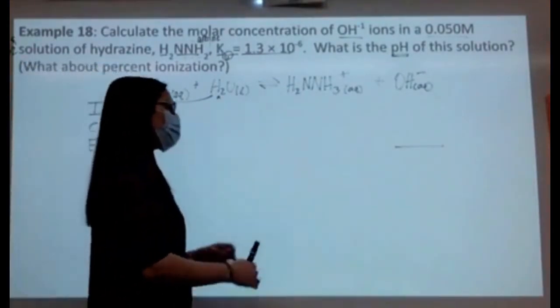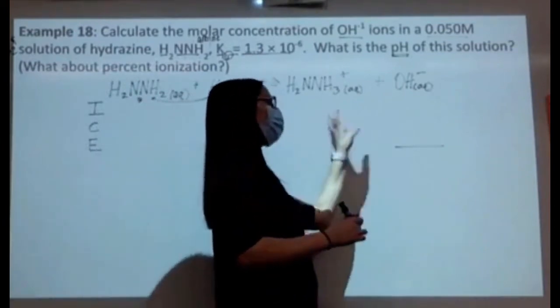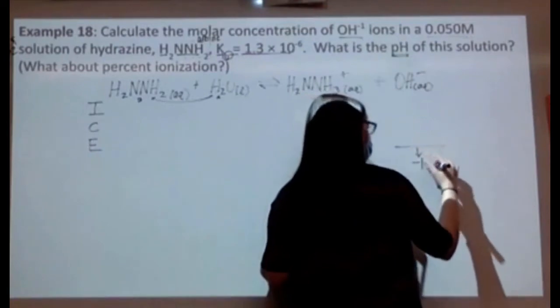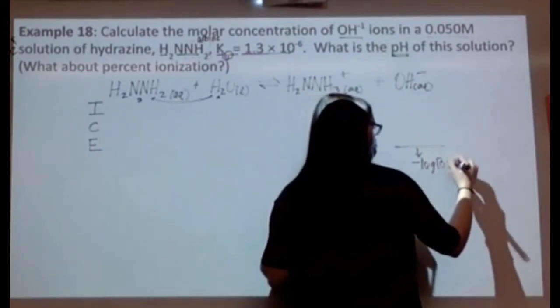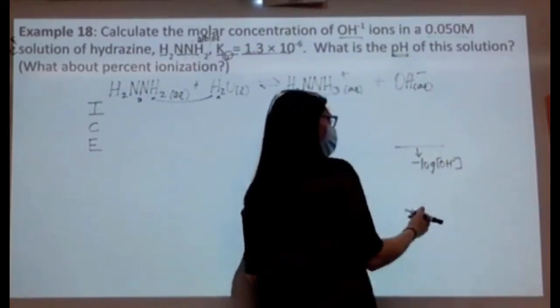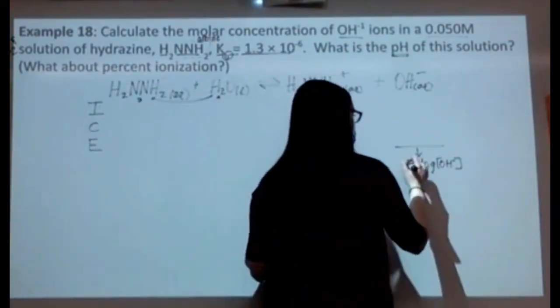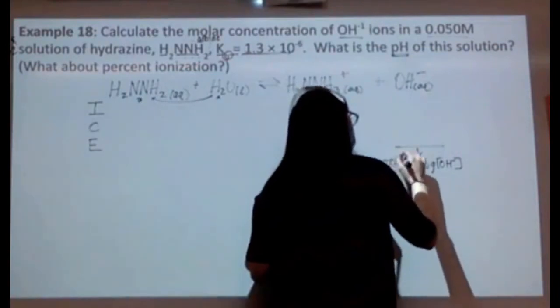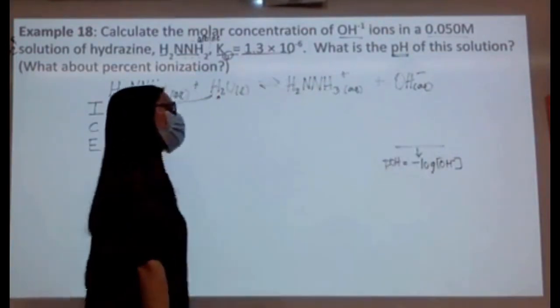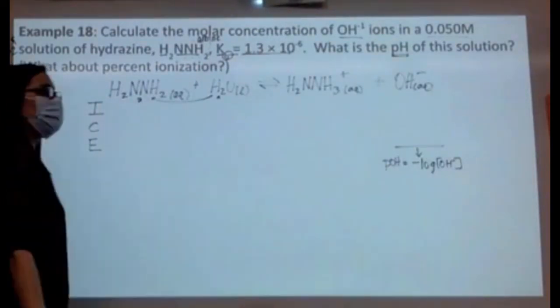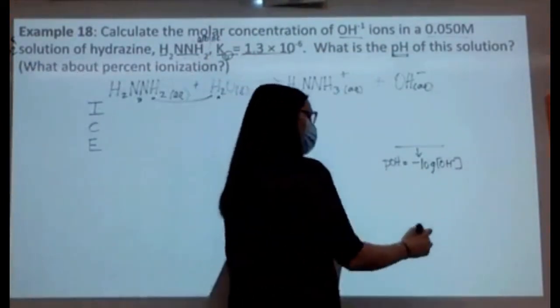Now, I just want us to think really quick before we have numbers here. If I take the negative log of the OH minus concentration, what am I finding? pOH. When I take the negative log of the OH at equilibrium, that's pOH. It wants me to find pH.